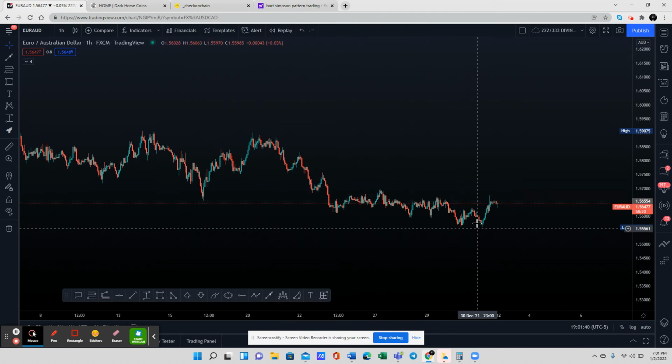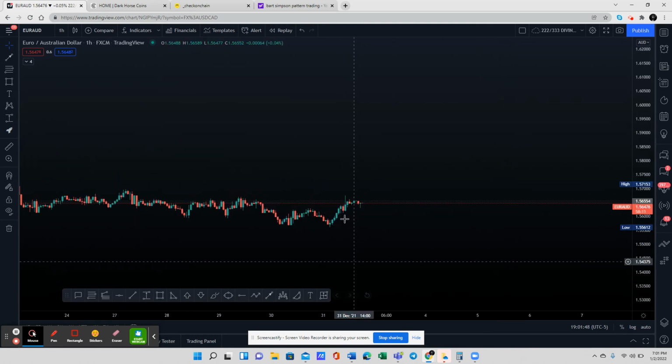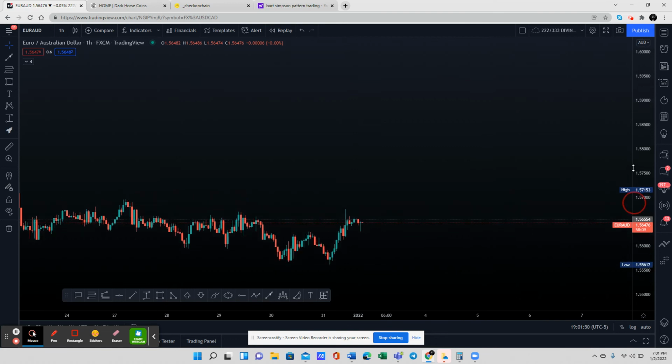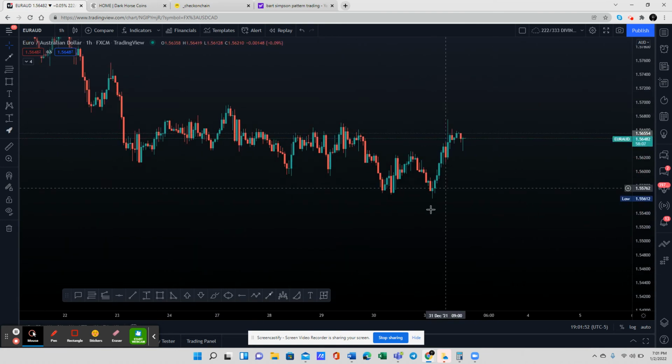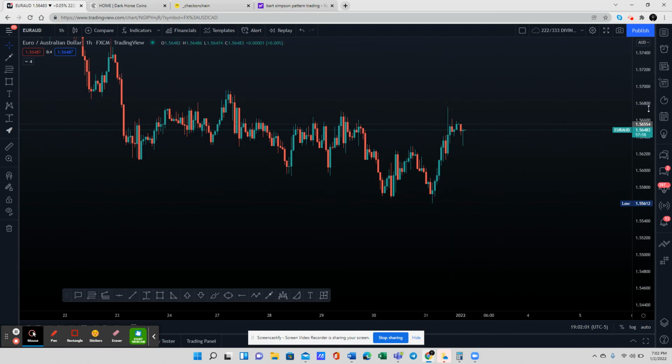But you got an inverted one. So this is an inverted Bart Simpson pattern. You see it accumulating. So we're looking for some upside action based off of this. You also got some potential flag patterns, bull flags that are forming right here. So we got a typical double bottom flag pattern coming into play.